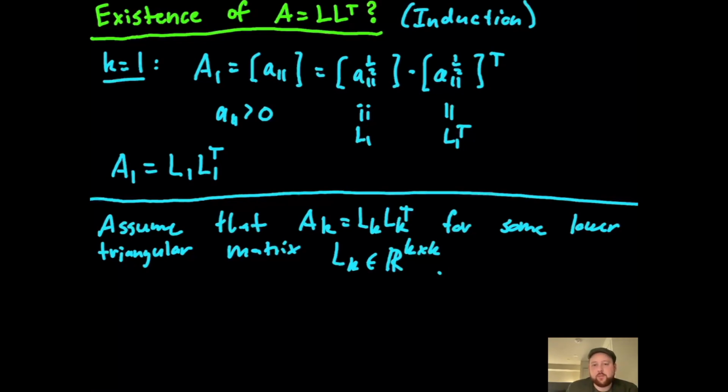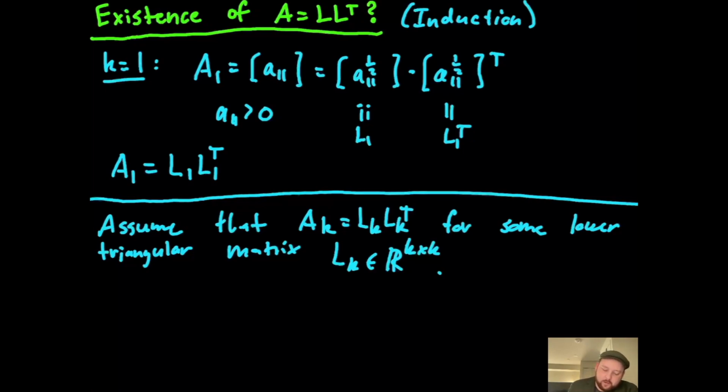So we're going to assume that we're able to do it for some K. And then for the next step of induction, we're going to show that given that assumption, we can always construct a lower triangular factor for the Cholesky factorization of the next one. So we're going to prove why we can always Cholesky factorize AK plus 1, given the fact that we can Cholesky factorize AK.